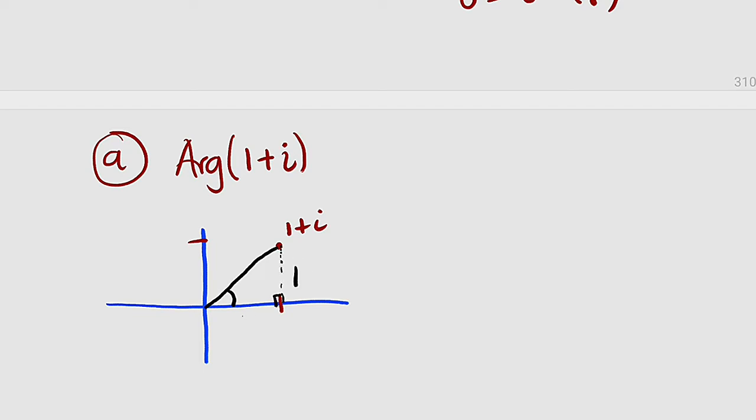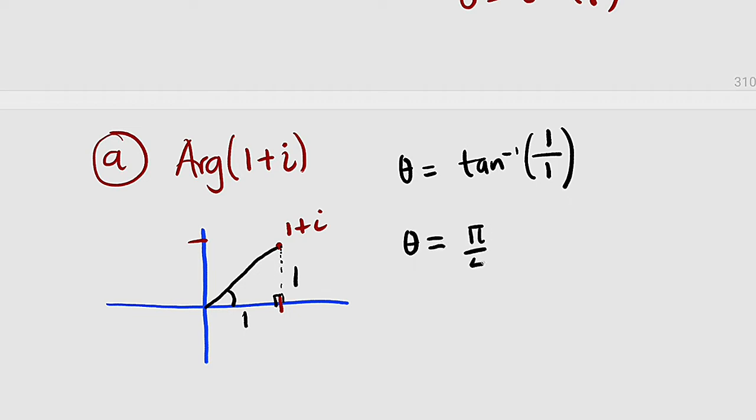This is 1. This is also 1. So by applying that formula, theta is equal to tan inverse of the opposite divided by the adjacent. 1 divided by 1 is 1, and tan inverse of 1 is either pi over 4 or 45 degrees. So therefore theta is equal to pi divided by 4 or 45 degrees.